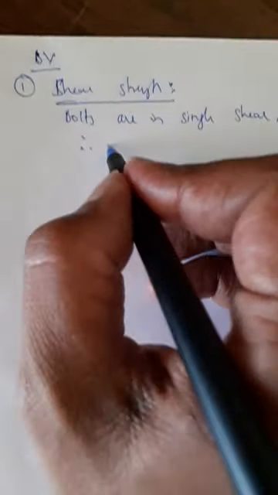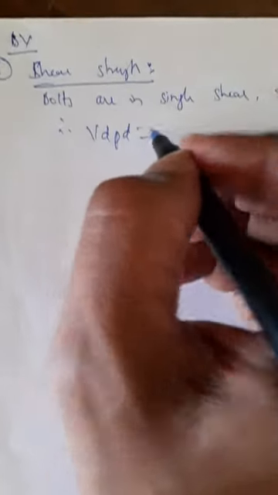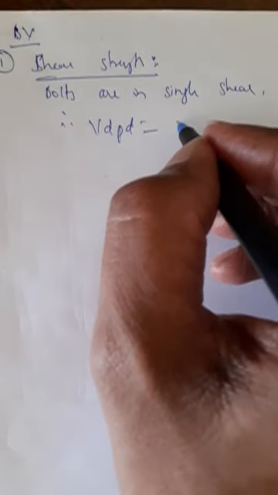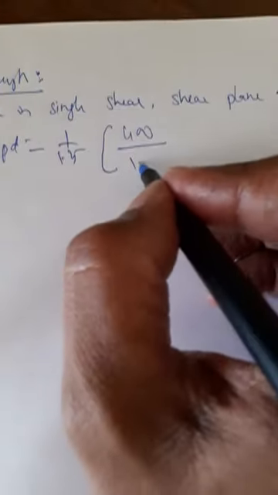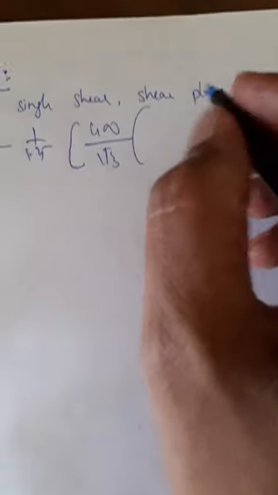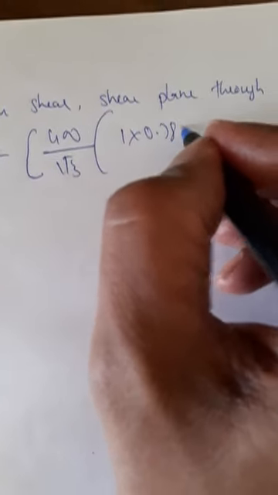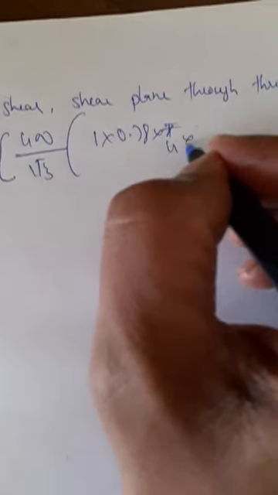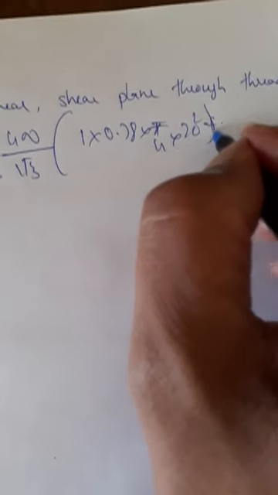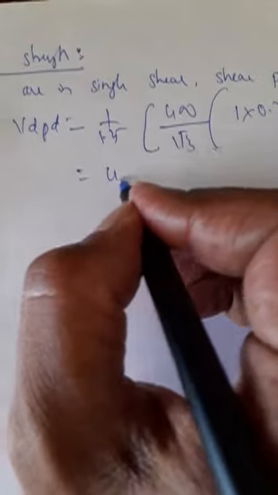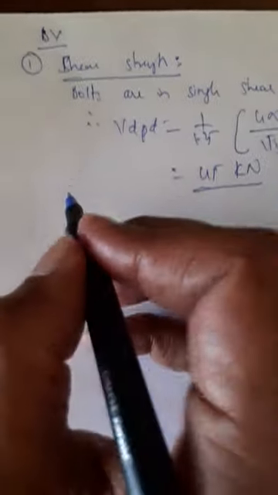Therefore, shear strength VDPD is equal to 1 upon 1.25 divided by FU, that is 400 divided by root 3 into NN is 1 into 0.78 into pi by 4 into 20 square plus 0 into NS, NS is 0. So solving this, you have the value 45 kilonewtons.